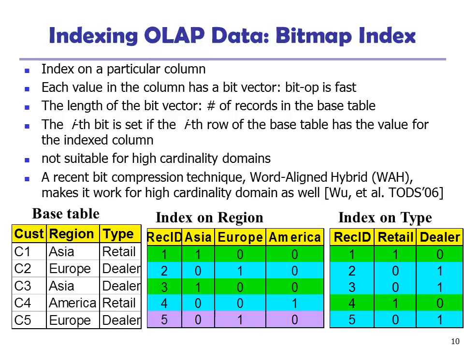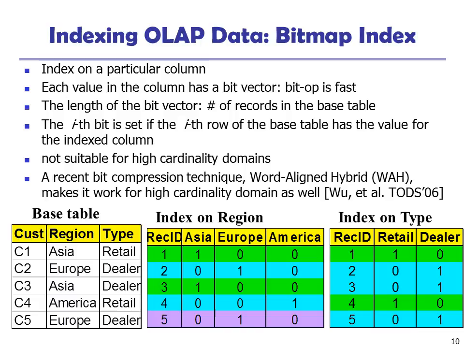Each of the values that the region can take become the column names, or the attribute names of the columns. And then you're going to have a 1 under that column if that is in fact the region for the given record, and 0 if it is not.